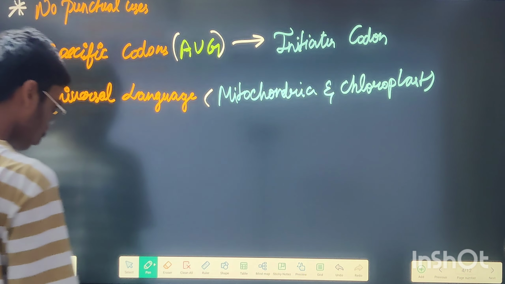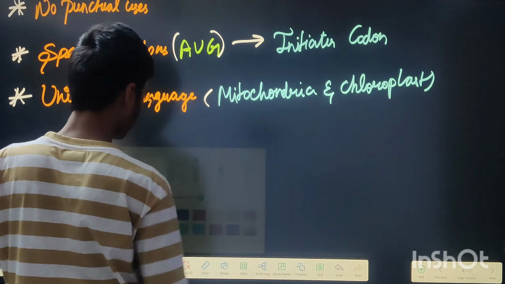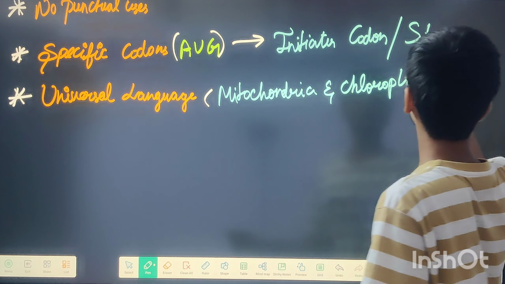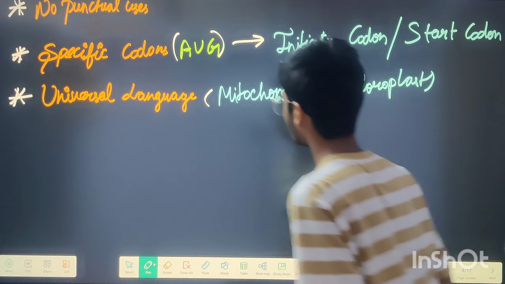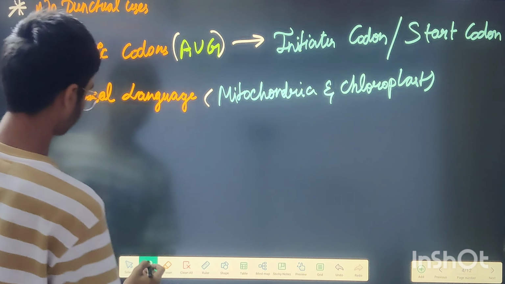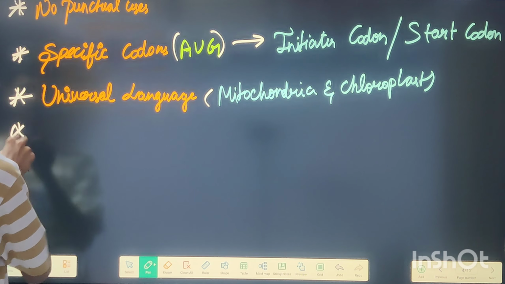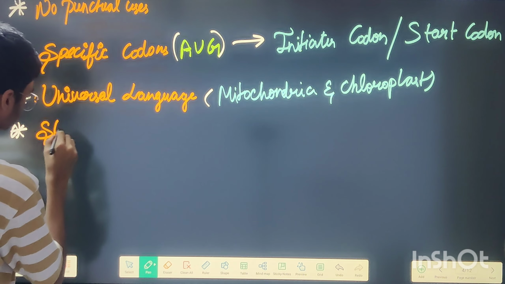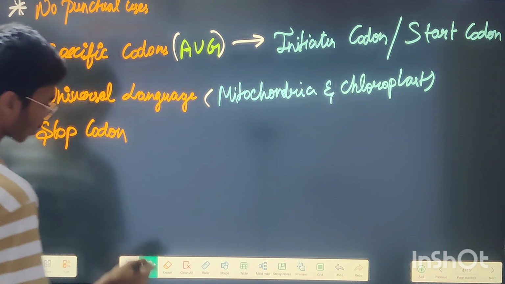Next is the stop codon. This is the initiator, or you can see it as the start codon. We also have the stop codon. What is the stop codon?